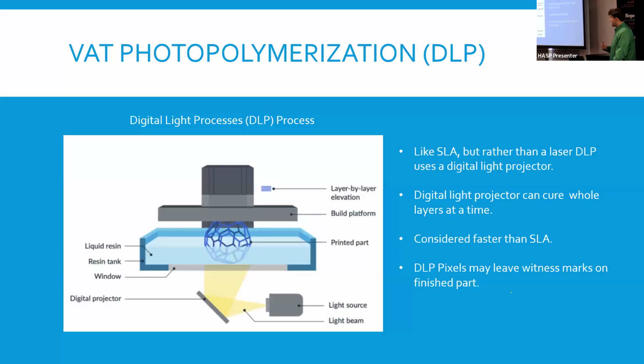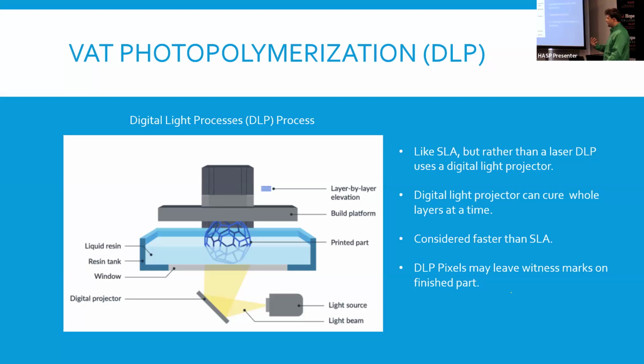Since it's a UV cure, rather than just shooting a laser at one point and then moving it around, you're going to get way more if you just shine the whole layer onto where you want it to be. So basically, rather than creating a layer one point at a time, this creates a full layer at a time. That's why it's considered faster than SLA.